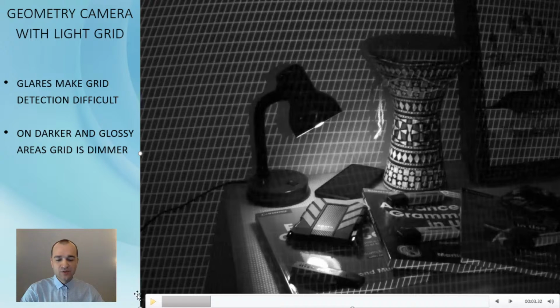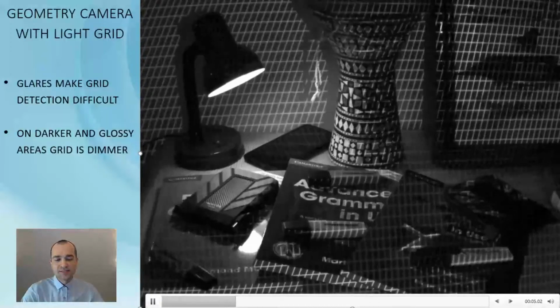So when you're scanning something and when you're using external light, in bright conditions, it's much harder for the scanner to get the data from the grid, because the outside light source, the ambient light, might be brighter than the brightness of the grid, and it will be difficult for the scanner to detect.